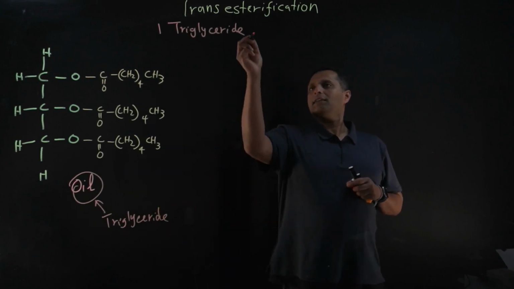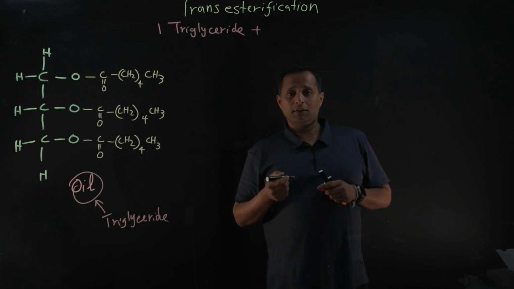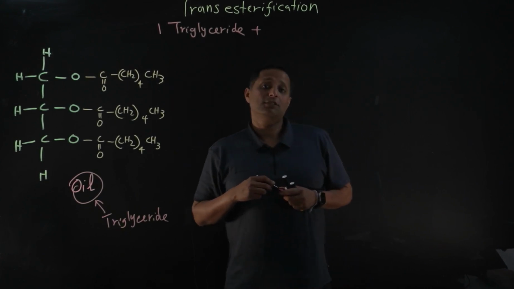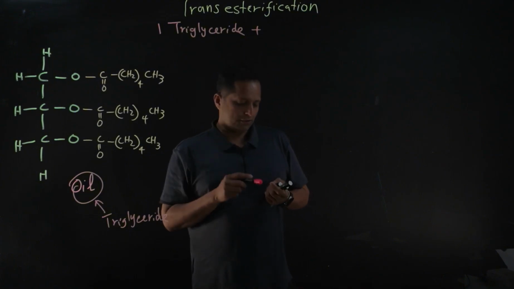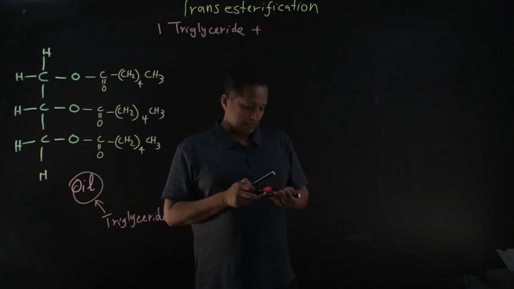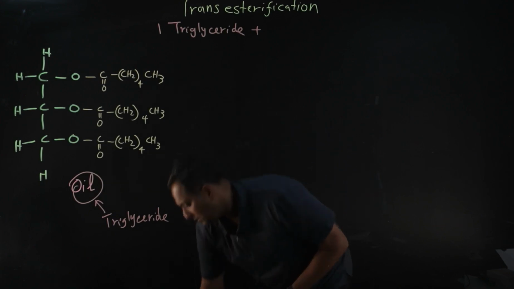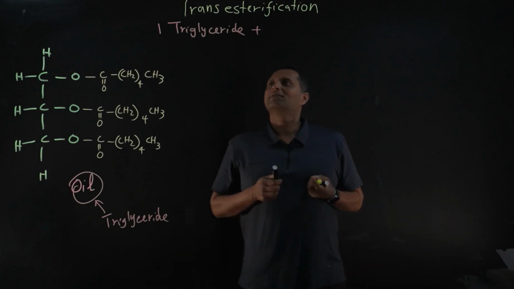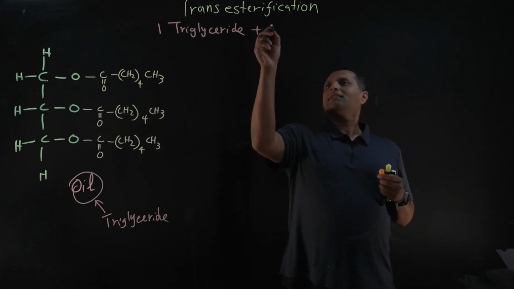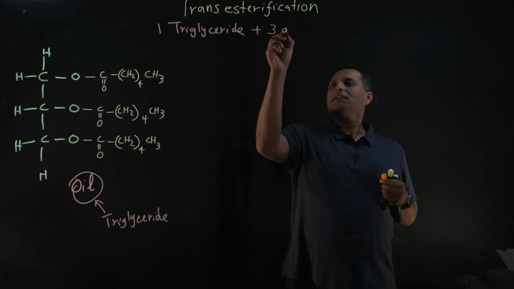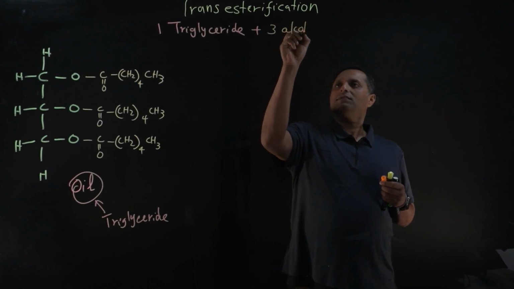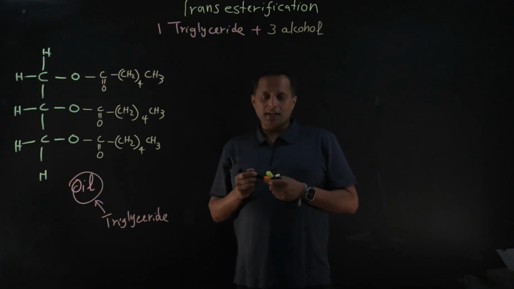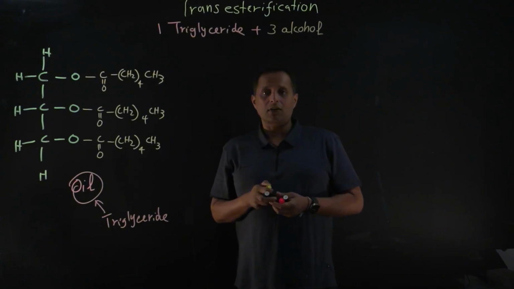1 triglyceride. Do you remember what you need to add to make biodiesel molecules through transesterification? We need to add alcohol. 3 molecules of alcohol. All right. So 1 triglyceride plus 3 molecules of alcohol.